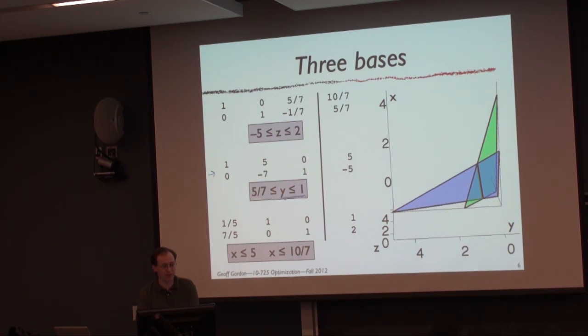is this constraint here. And then because this element is negative, I have minus 7y is less than or equal to minus 5, or 7y is greater than or equal to 5, or y is bigger than 5/7, right? And so that's this constraint right here. And if you look here, what I've done is rotate the picture from the last slide so that you can see the constraints on the y-axis here, and this is the x-axis here.